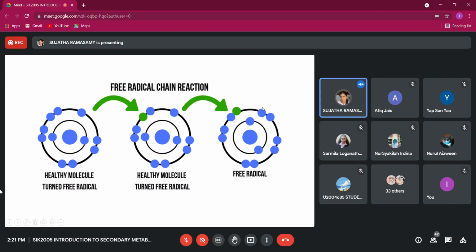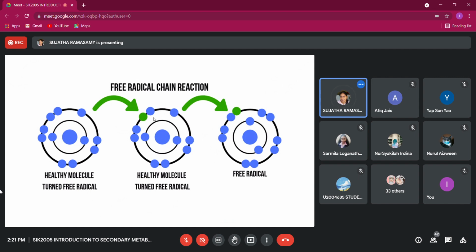So free radical will start to steal from, again, I start from the right. This is the free radical molecule. One of the electrons is single. So it starts to steal the electron from a healthy molecule. Bila dia curi satu daripada sini, now it becomes free radical. The healthy molecule becomes free radical.